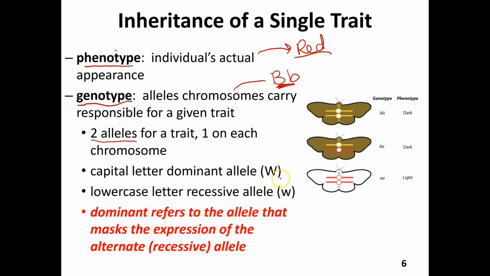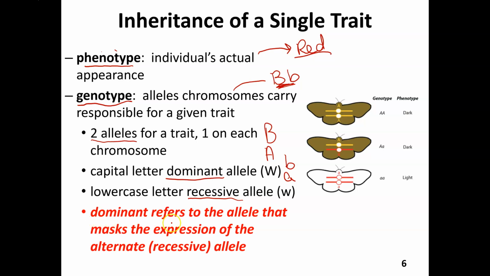So over here, there's a big W, but it doesn't have to be a big W. It can be a big A, or it can be a big B. And a lowercase letter is recessive. So in this case, there's a little w or a little a or a little b. All lowercase letters indicate recessive alleles. All capital letters indicate dominant alleles.